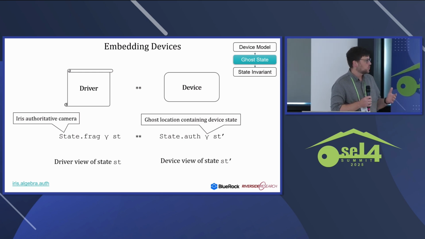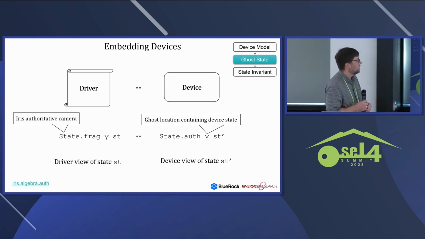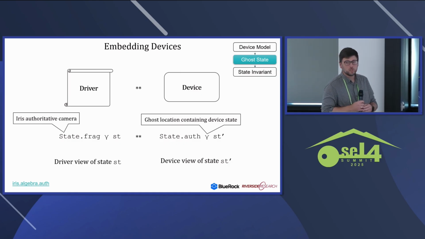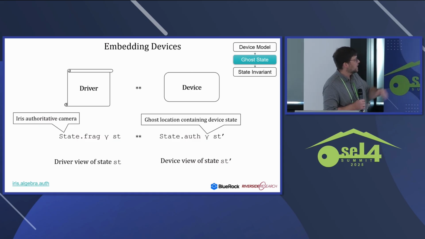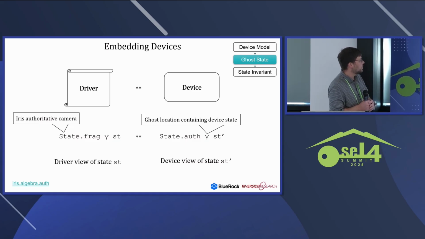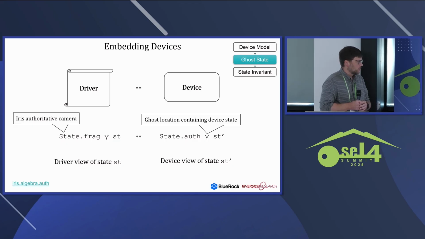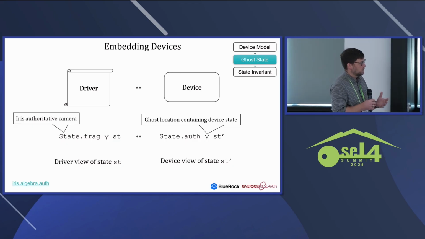And what we're going to do is we're going to use something called the Iris authoritative camera to build 2 assertions that allow us to talk about the state of the device from 2 perspectives. From the perspective of the driver, so state.frag on the left is the driver's view of the state, and state.auth is the device view of the state. And auth stands for authoritative, so you can think of this as the real state of the device, and frag is the driver's view of the device.